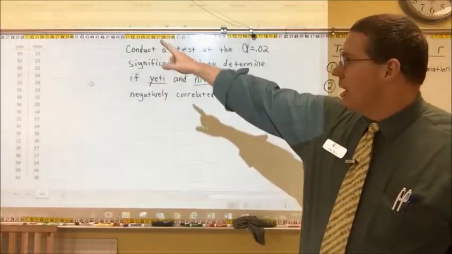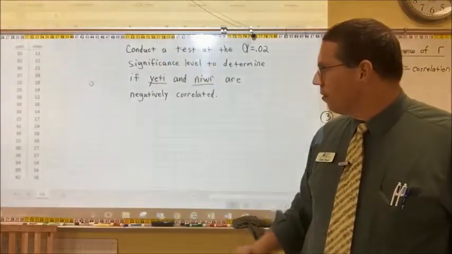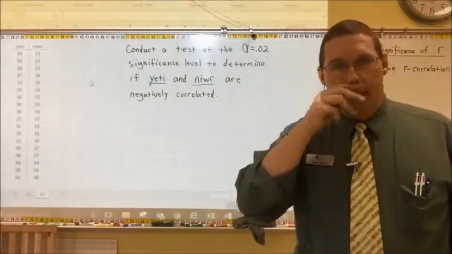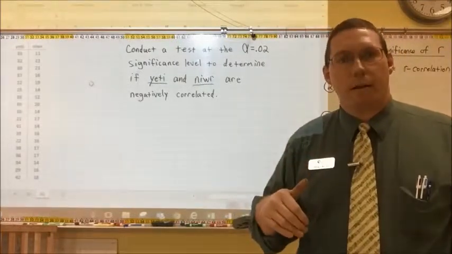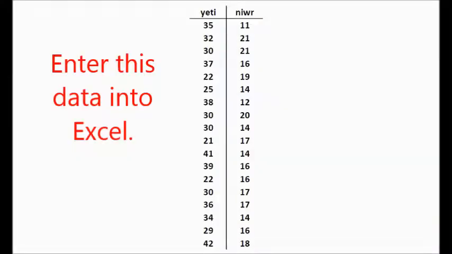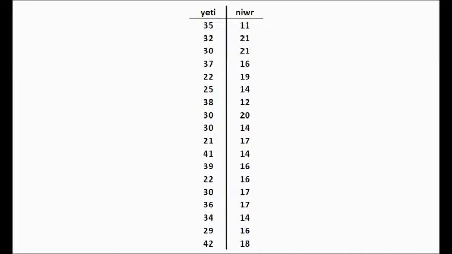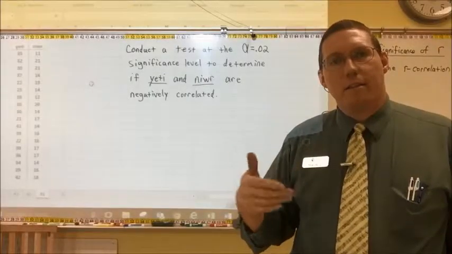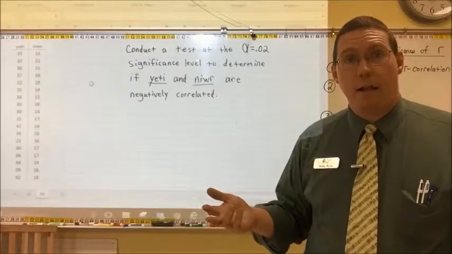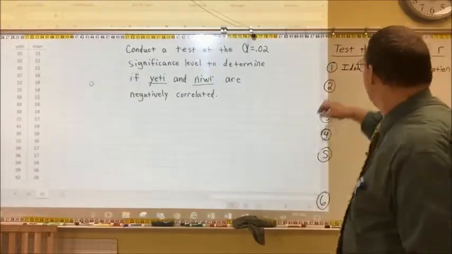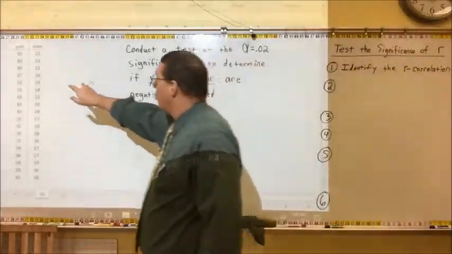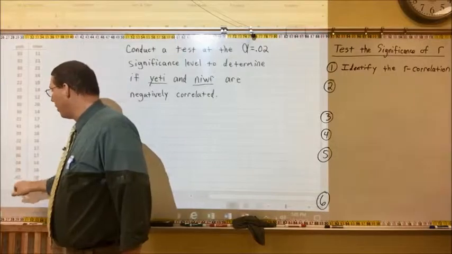Now I'm going to blow up those variables right there so that you can see them better, so that you can key them into Excel. All right, so now that you've keyed them into Excel, the very first thing we need to do is identify the r correlation between these two variables.